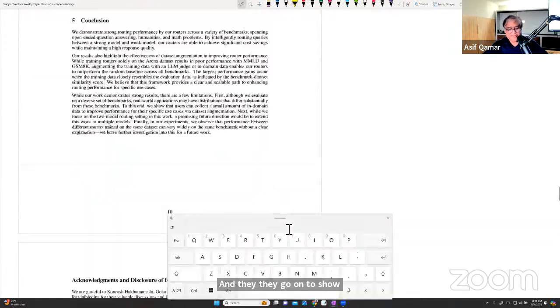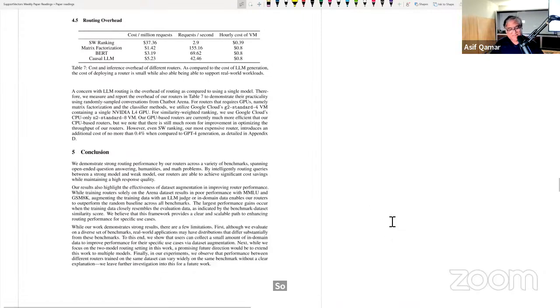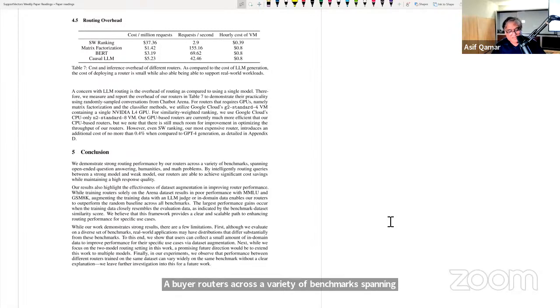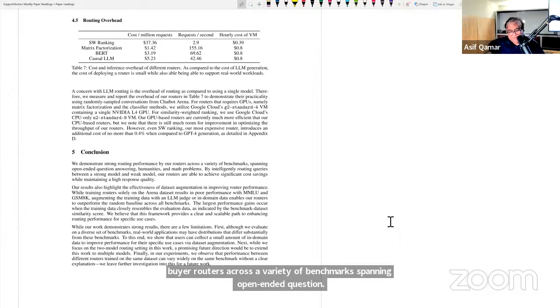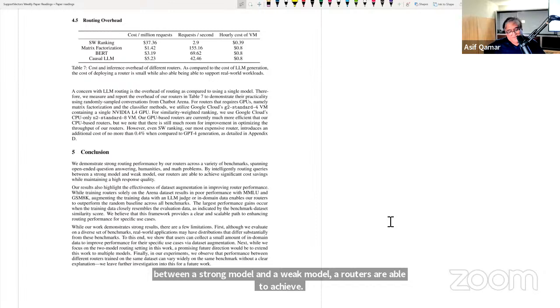But anyway, I will end with the conclusion. So in conclusion, they say, we demonstrate strong routing performance by our routers across a variety of benchmarks spanning open-ended question answering, humanities, and math problems. By intelligently routing queries between a strong model and a weak model, our routers are able to achieve significant cost savings while maintaining a high response quality.